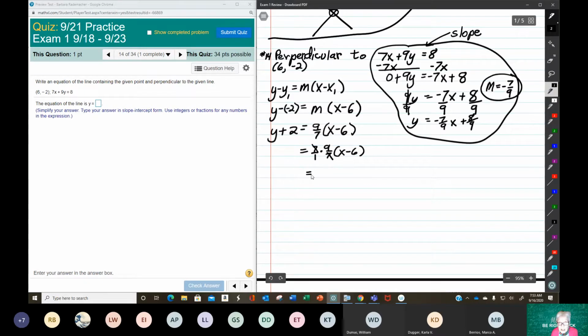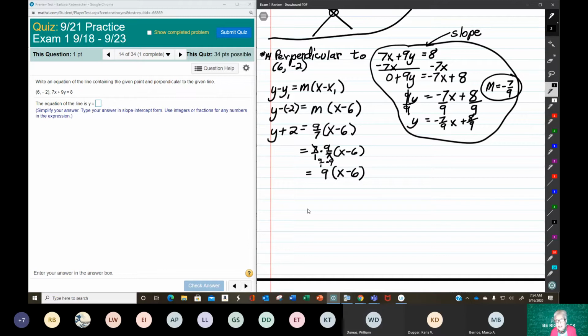So I'm left with, on the right-hand side, 9 times x minus 6. Because here you would have a 9/1, and 9/1 is just 9, right? So that's how you get the 9.